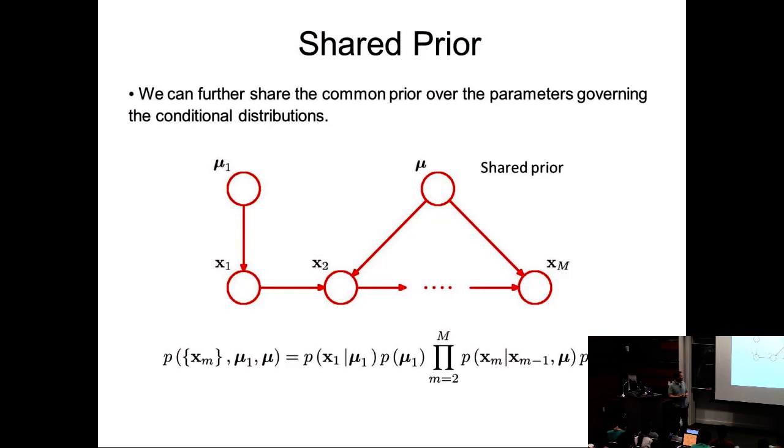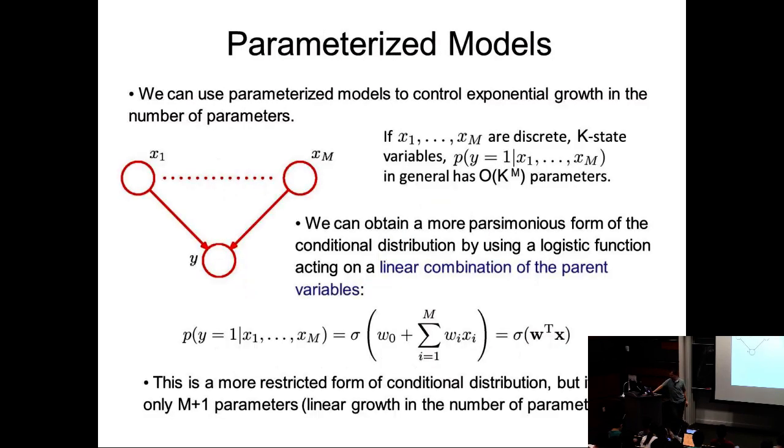This is also commonly done, where all of these different parameters of the distributions are going to be shared. So you can specify it this way. There's only one common prior, and now you're getting into these hierarchies, right? You can have a prior that's shared across all of these different conditional probabilities.